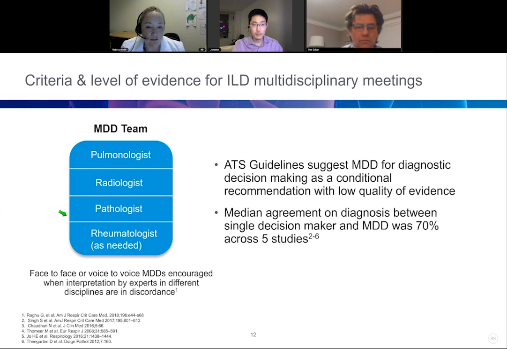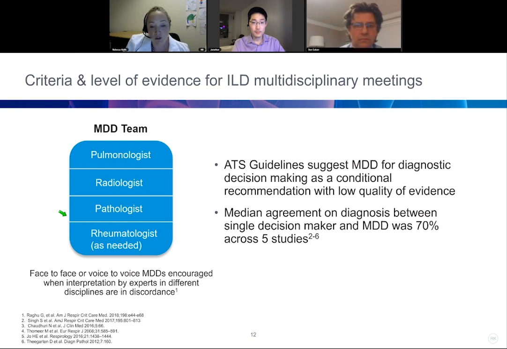And if we think about the data for MDD, it's actually not great. It's low. There have never been studies that directly compare a single center or a single decision maker to a multidisciplinary team. But in general, if you look at the median agreement between diagnosis in either SDD, a single deciding provider, versus MDD, if you look at 1,000 cases, in 700 of those, they'll agree, but in 300 of the cases, they'll switch diagnoses in a multidisciplinary discussion.